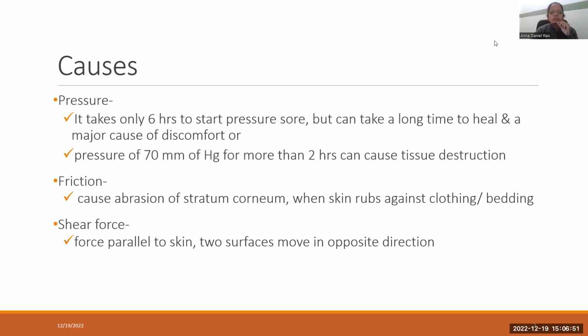Another major cause is shear force. Here the forces are in two different, opposite directions, and the surfaces are parallel to the skin. Because of this also, a patient can develop pressure sore.